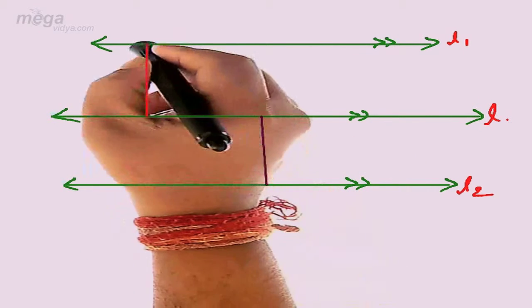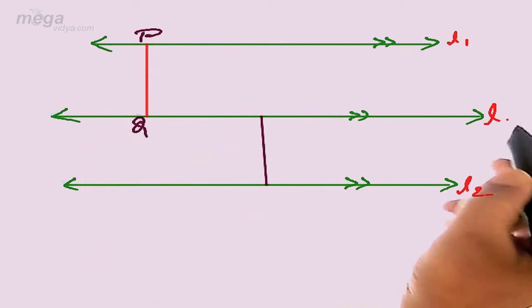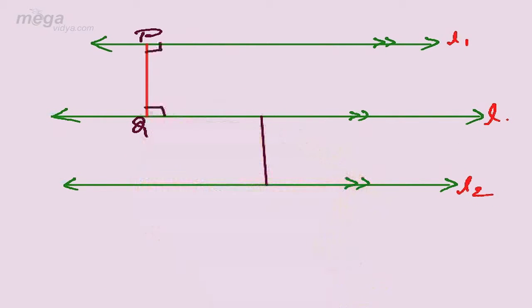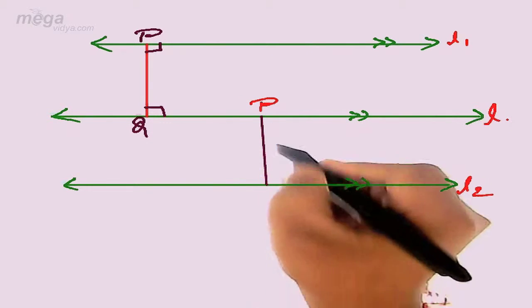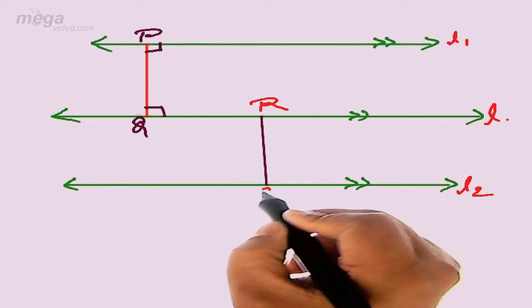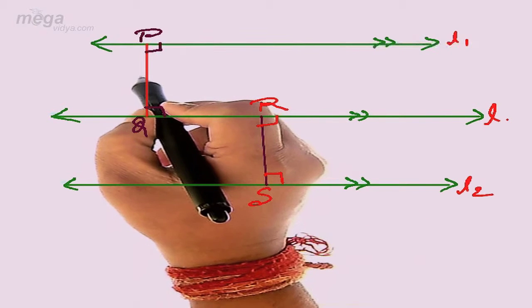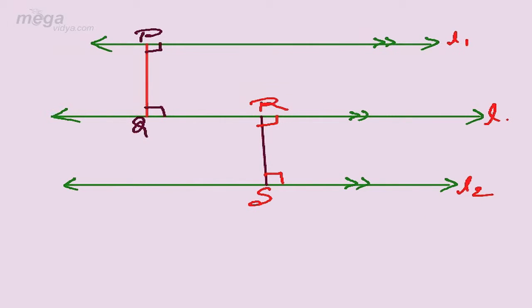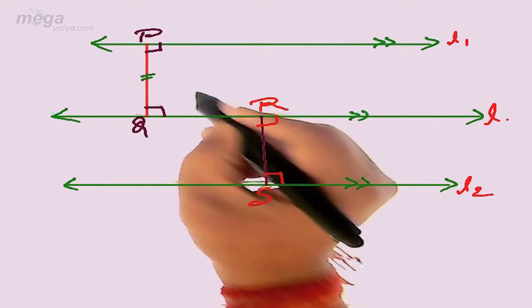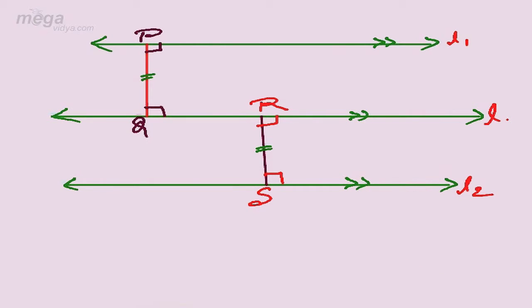So if we take the distance between L1 and L as PQ and the distance between L and L2 as RS, these two distances are equal. PQ is equal to RS. Given this condition, you have to calculate the equation of the straight line L.